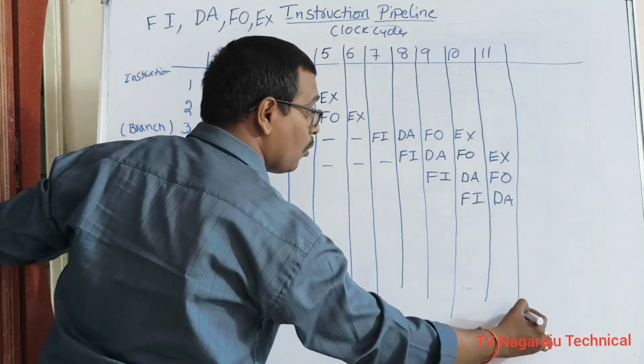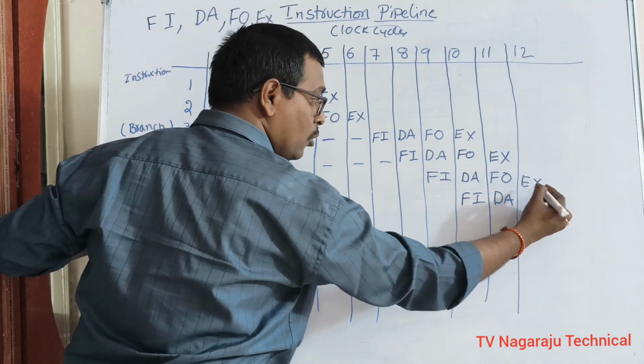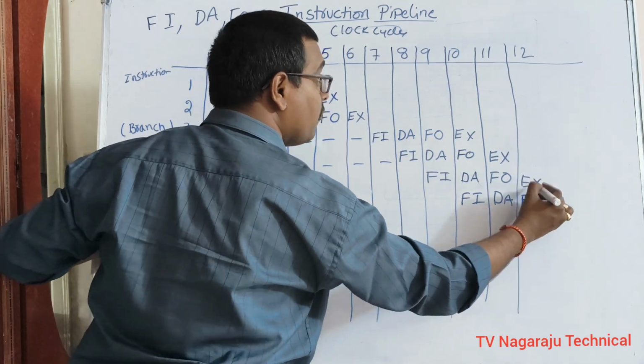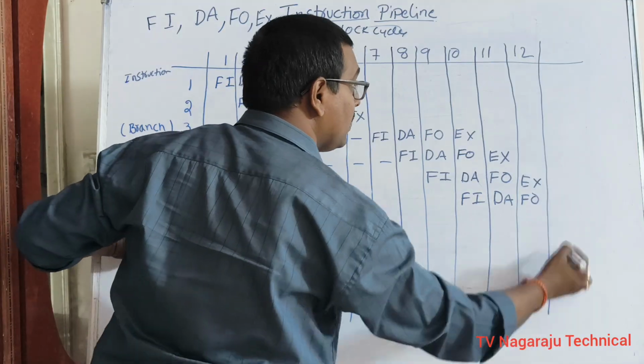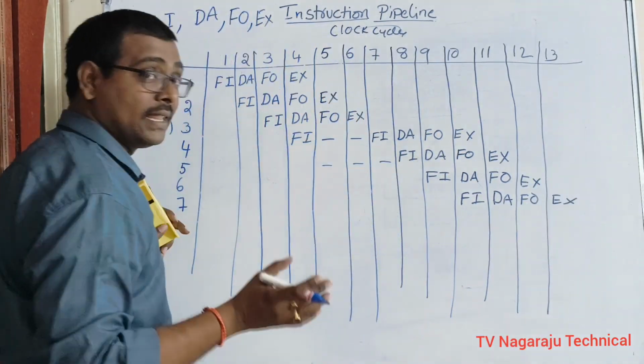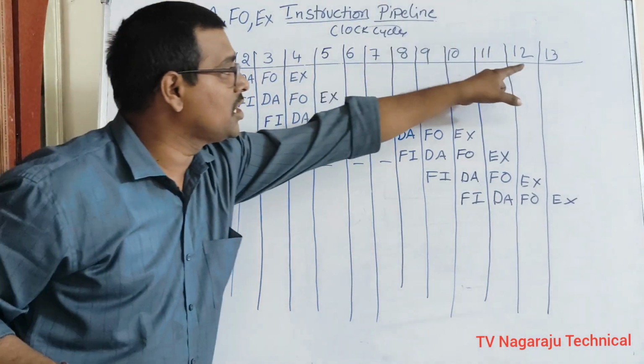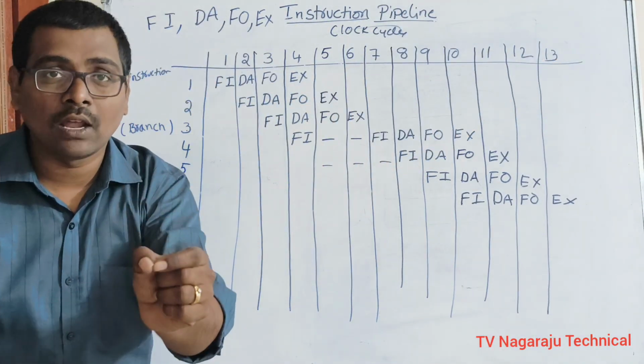Now, in the 12th clock cycle, F4 is entered into EX, and in the 13th clock cycle, instruction 7 is executed. That means these 7 instructions are executed in 13 clock cycles.